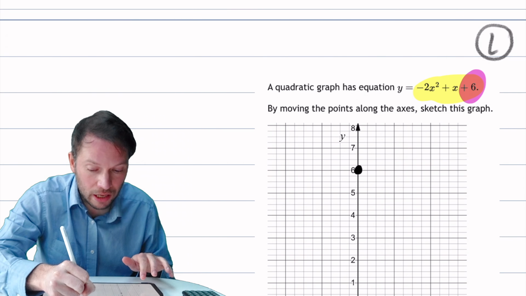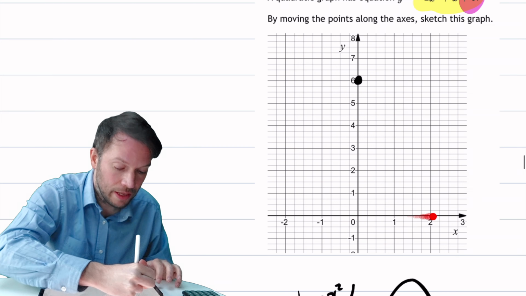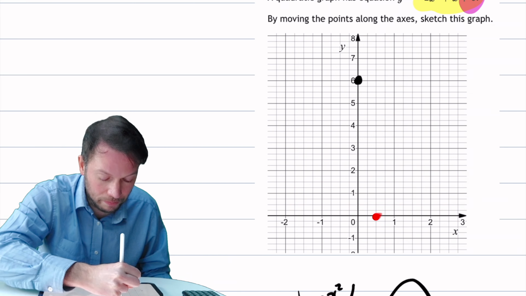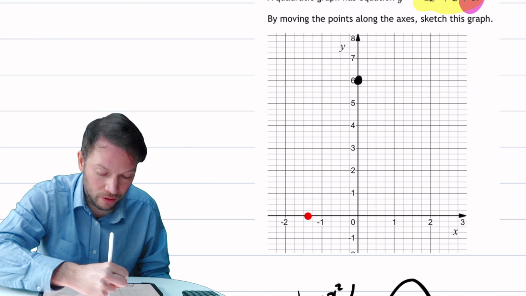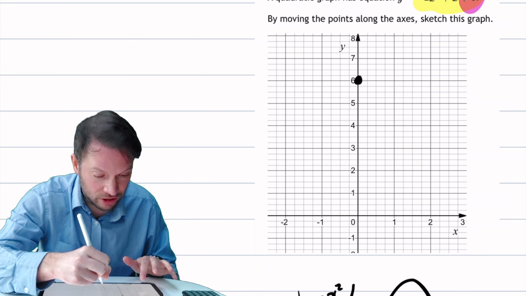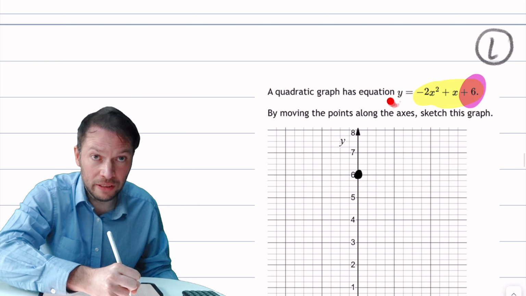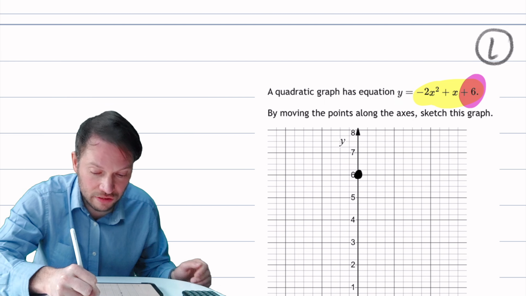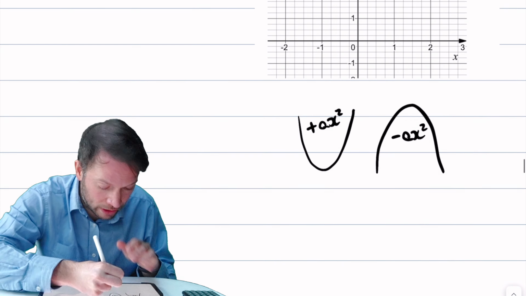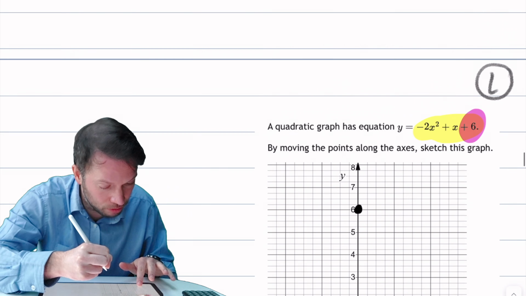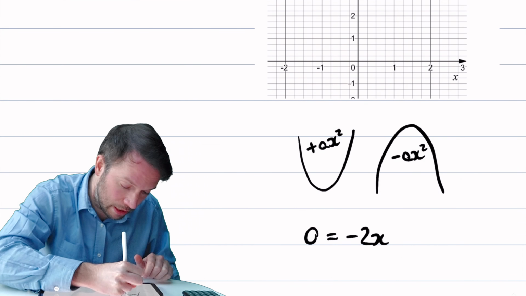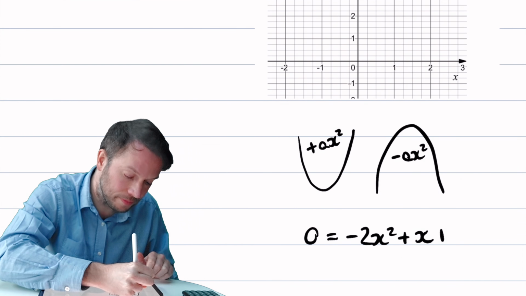Now, to find where it cuts the x-axis, that's a bit harder, because any point on the x-axis, the y-coordinate is 0, the y value is 0. So what we need to do is make this y value 0, substitute y as 0, and then solve that equation. So let's do that. We're going to make y 0, so we have 0 equals minus 2x squared plus x plus 6.